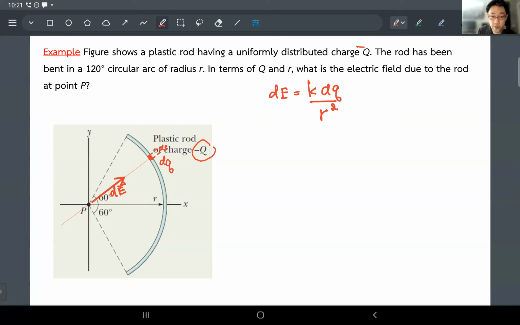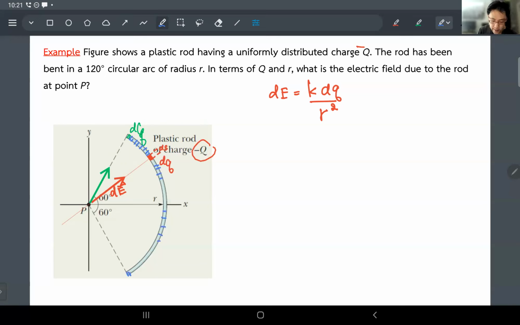So what do we have to do? What I need is you just keep slicing dq. The dq on the top there will generate an electric field pointing towards it. That's another dE. And you just keep doing the slicing, dq, all the way down to the bottom.